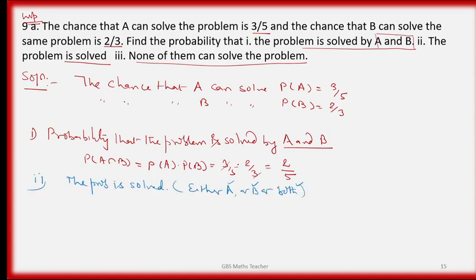So this is the case of A union B. So probability of A union B equal probability of A plus probability of B minus probability of A intersection B. That is 3/5 plus 2/3 minus 2/5.